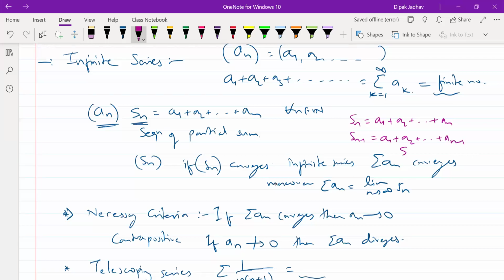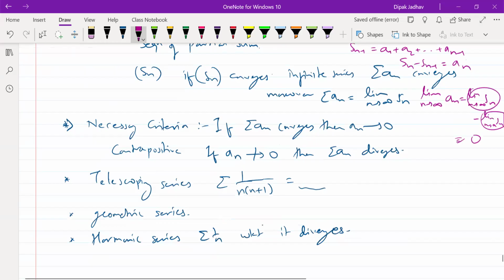So what is Sn minus Sn minus 1? It will be only an. Then you take the limit on both sides. Limit as n tends to infinity of an is equal to the limit as n tends to infinity of Sn. So this limit and this limit are the same, so an has to converge to 0.